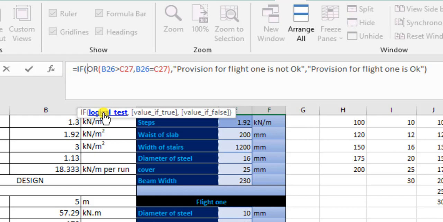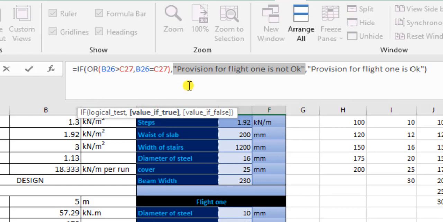Like now, if you look at this, you are going to see this is logical text. It highlighted our logical text. You are saying if or this: if the area of steel required is more than the area of steel provided, or if the area of steel required is equal to the area of steel provided, what should happen? We now look at the value.